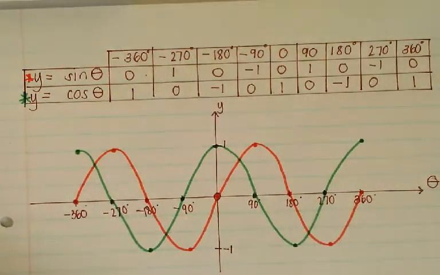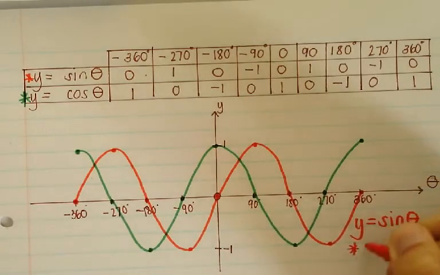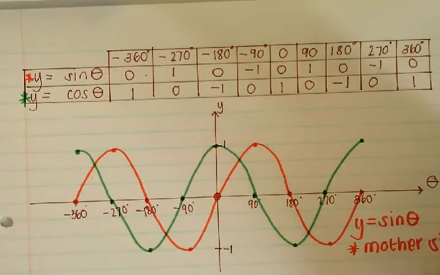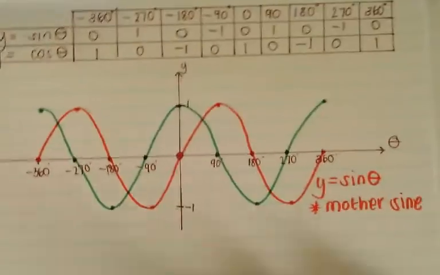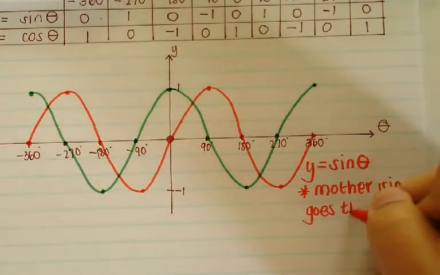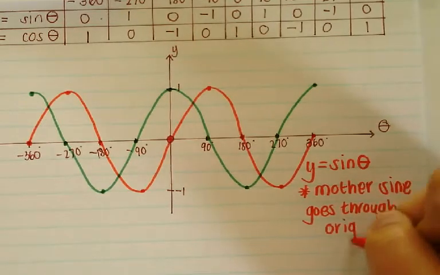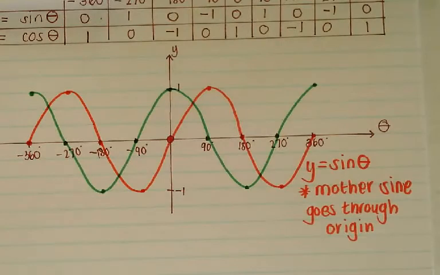Okay, so my red graph is my mother sine graph. So mother sine, and it goes through the origin. Now I'm specifically showing you the mother graph because all shifts will go from what the mother graph was to what I'm going to change it to.